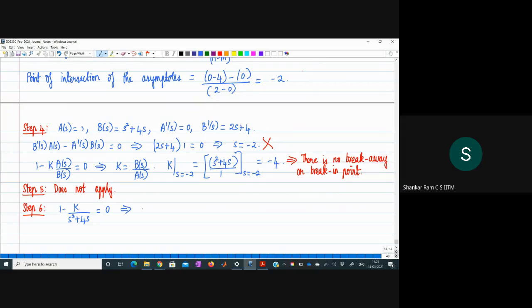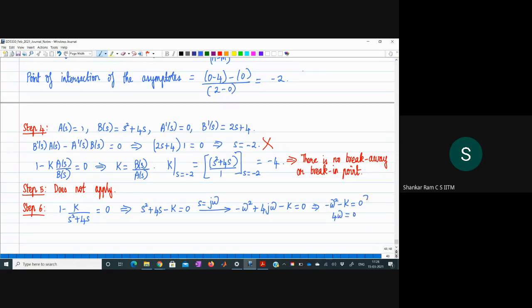So this will give us s squared plus 4s minus k equals 0. We substitute s equals j omega, and we get minus omega squared plus 4 times j omega minus k equals 0. This gives us two equations: minus omega squared minus k equals 0, which comes from the real part, and 4 omega equals 0, which comes from the imaginary part.